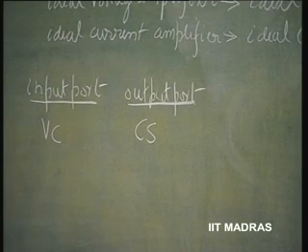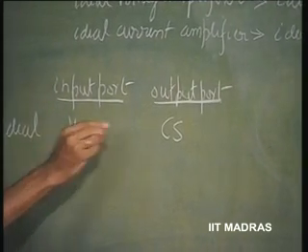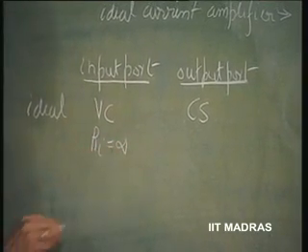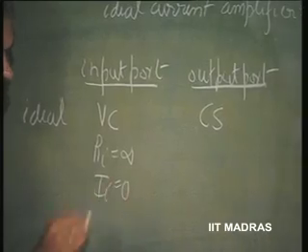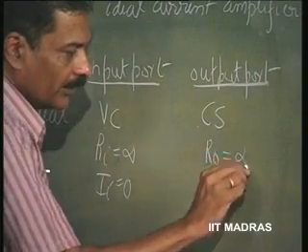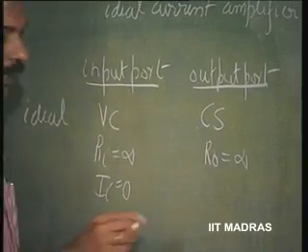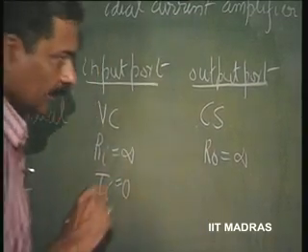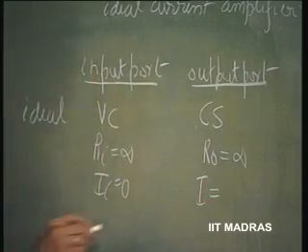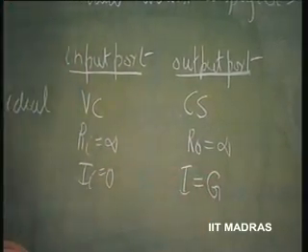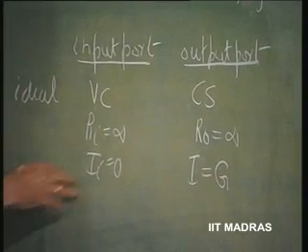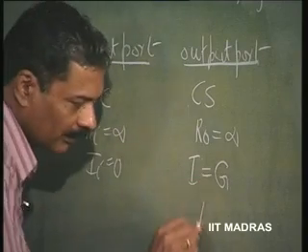This is the ideal voltage controlled current source, wherein Ri is infinity or Ii is 0, then this being a current source, R0 is also infinity, and it is going to be controlled by the current output, which is Io, going to be transconductance G. This is conductance, and it is a transfer from input to output. That is why this is called transconductance.